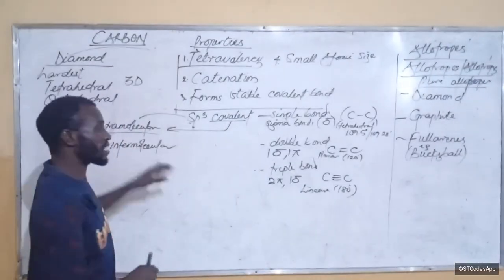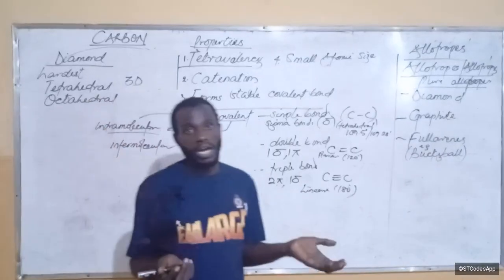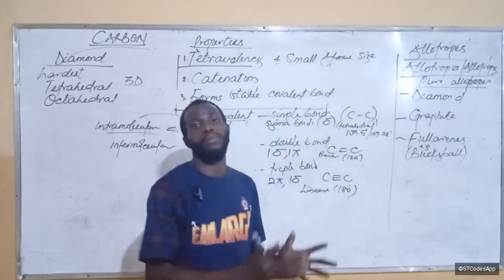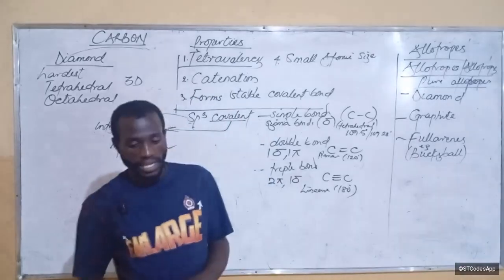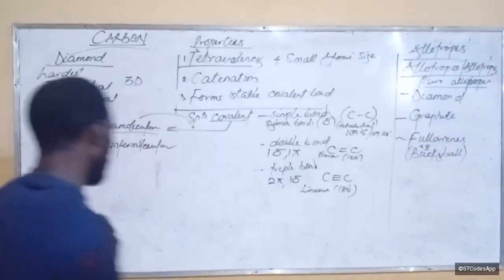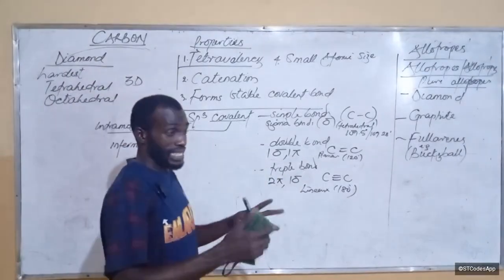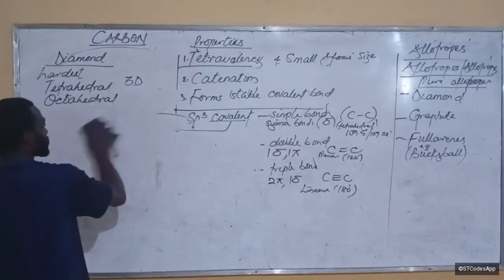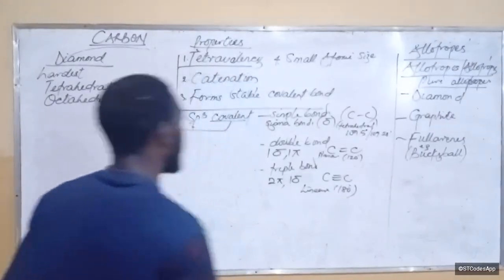Because of that, the covalent bonds are broken by different natural processes, and then you have different sizes of diamond in the places we find them. So that is diamond.